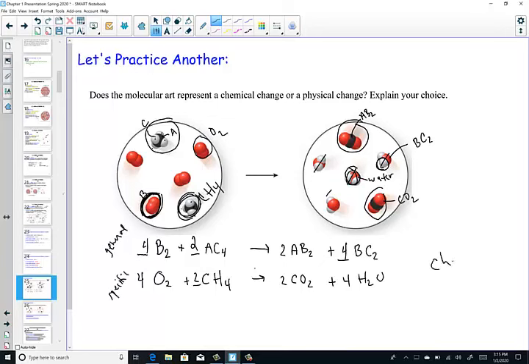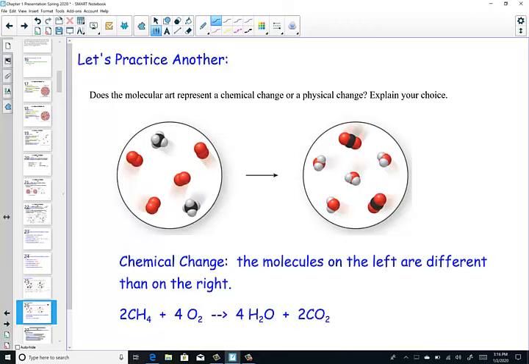And this truly represents a chemical change because our reactants broke bonds, forming new bonds into brand new substances. So when I break bonds and rearrange them to form new things, that is the definition of a chemical change. And we recognize that CH4 reacted with oxygen, forming water and carbon dioxide.